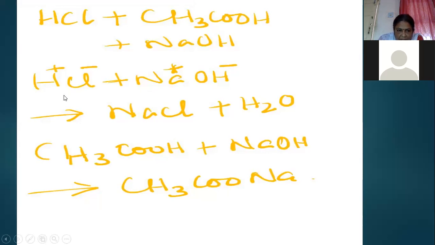The ions present in the solution are H plus ions, Cl minus ions, sodium ions and hydroxide ions. Now when you mix these two reagents, you get the product sodium chloride. This is called the neutralization titration.